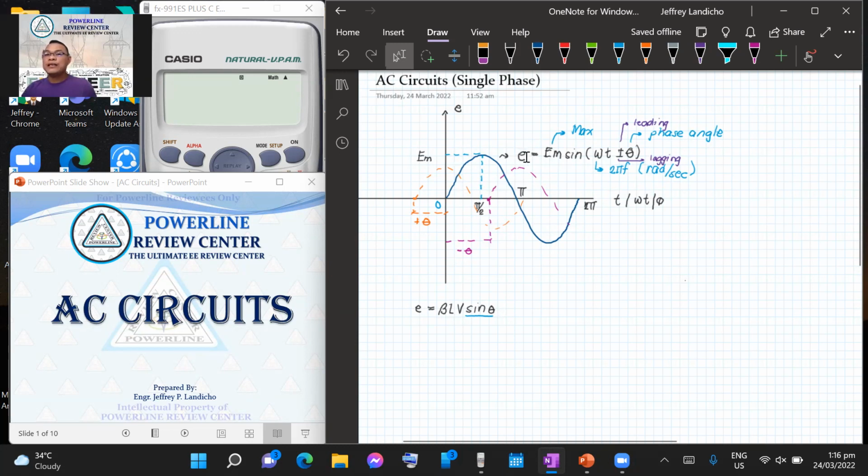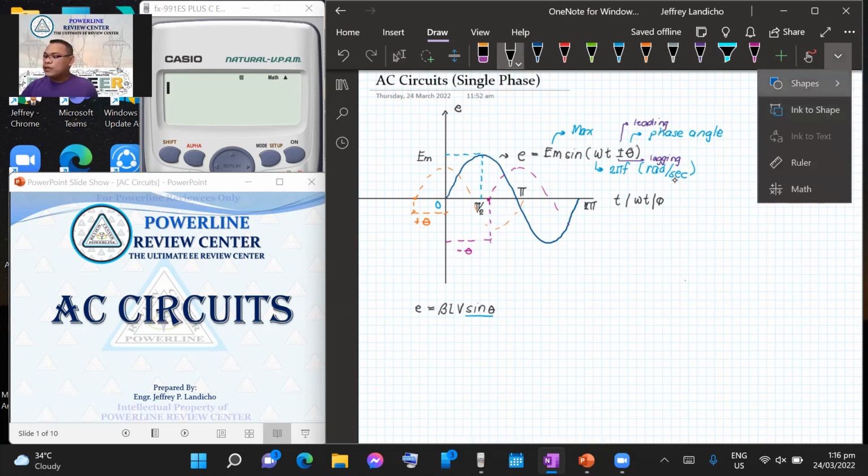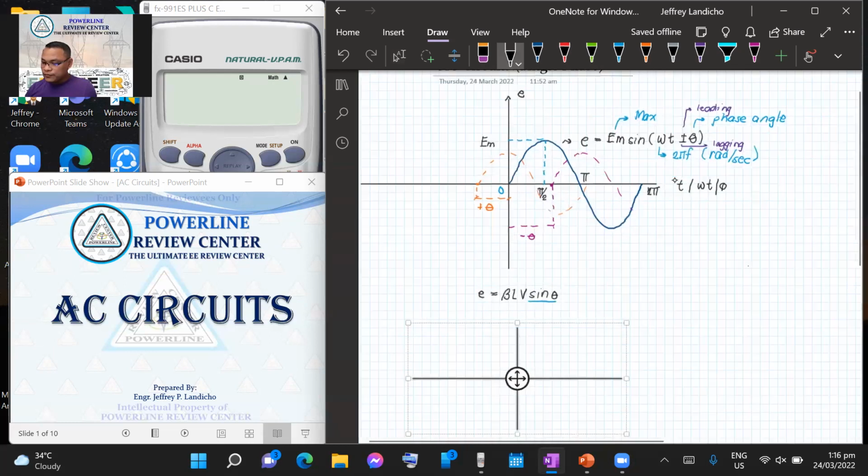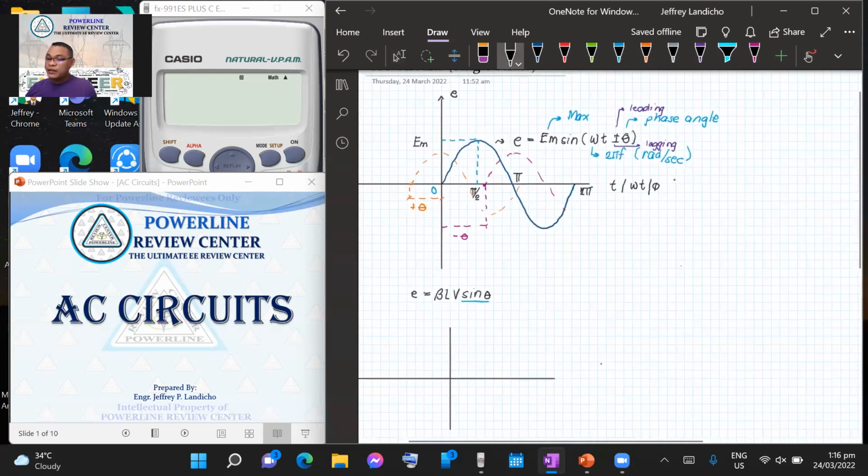Now, we can express that sinusoidal waveform into vectorial form. When we say vectorial form, instead of a waveform, using the same Argand's diagram, we can express our alternating quantity since we know that it is a vector. When we say vector, it is expressed by what?